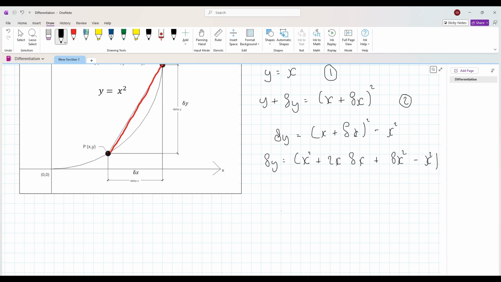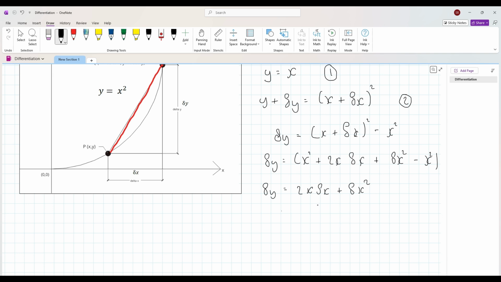So x squared minus x squared eliminates the x squared, so we're left with delta y equals 2x delta x plus delta x squared.